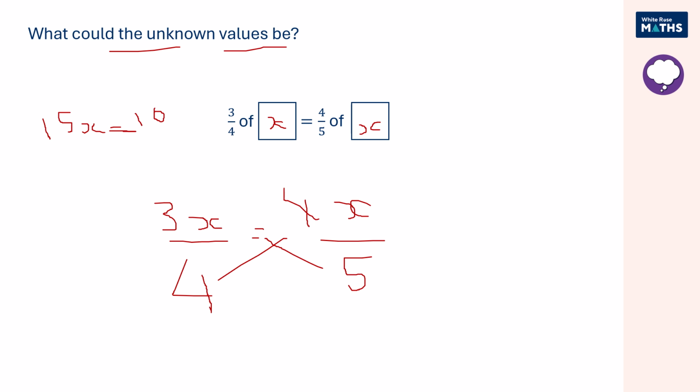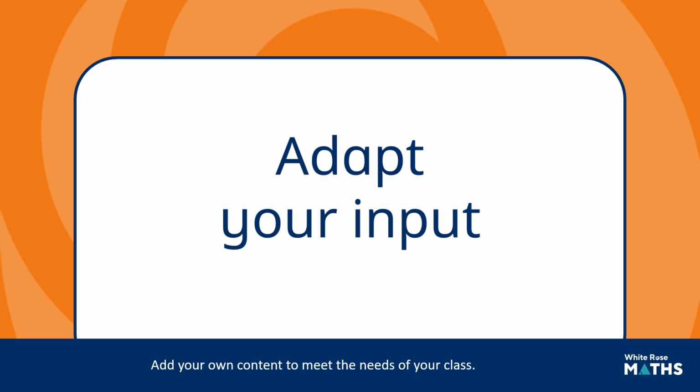If we subtract 15x on both sides, we'll have 0 equal to x. So the unknown value could be 0. Can it be any other number? That is going to be interesting. So that's one possibility.